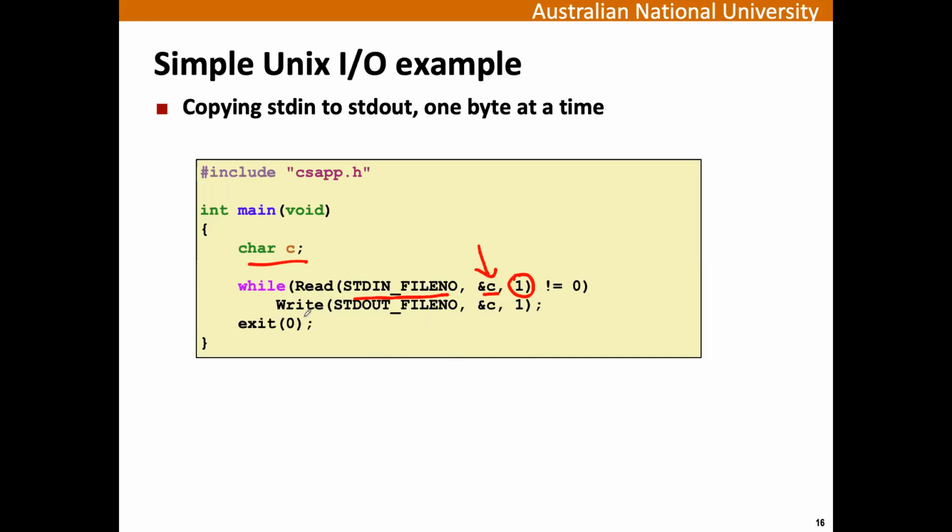And you write it to standard output. So this is the character you want to write, and 1. And be careful about the second argument. It's a pointer. It's the address of the buffer, not the variable. So this program copies standard input to standard output, 1 byte at a time.